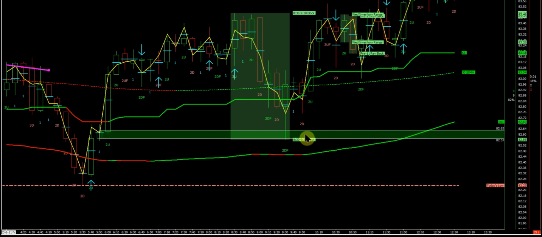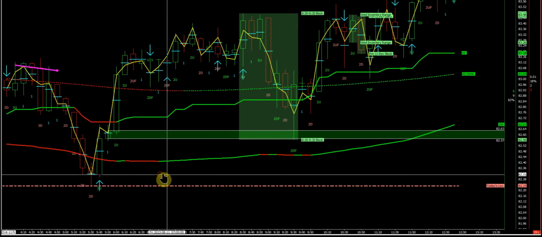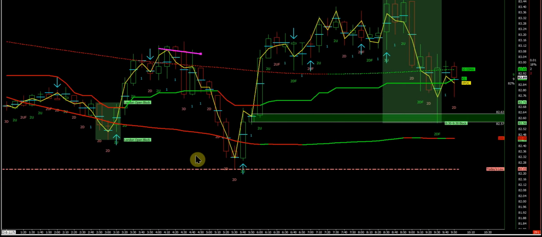It came right back down to that block right there and went north. Okay. So that would be a good area to start marking off on your charts when you have a small area right here in between two big continuation candles.